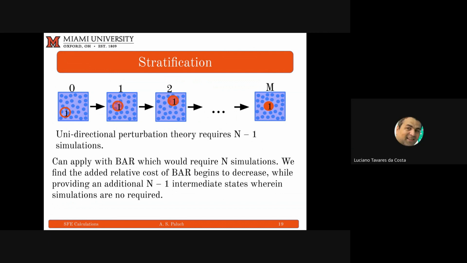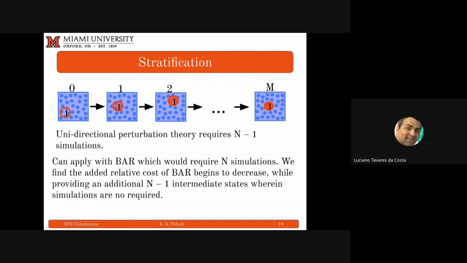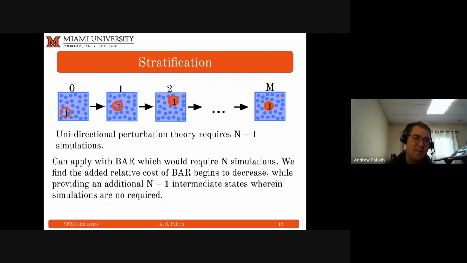Yes. And when you're talking about the BAR method, you're talking about the thermodynamic integration method? No. So Bennett's acceptance ratio method is a free energy perturbation method. They're both in the same family.